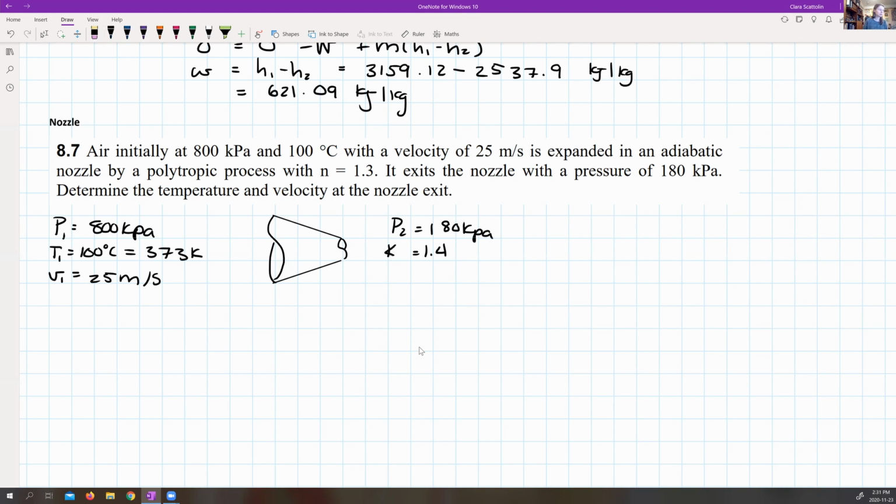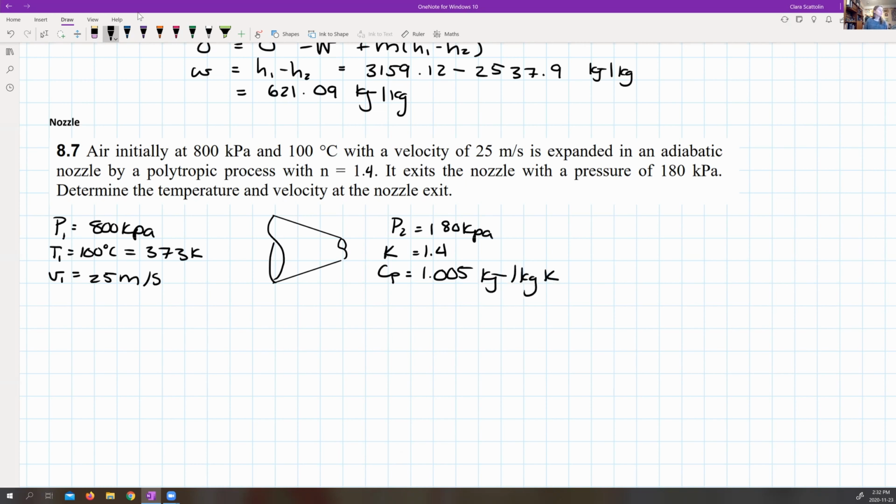So I solved it with K equal to 1.4, so I'll just change it here, and with a Cp of 1.005.